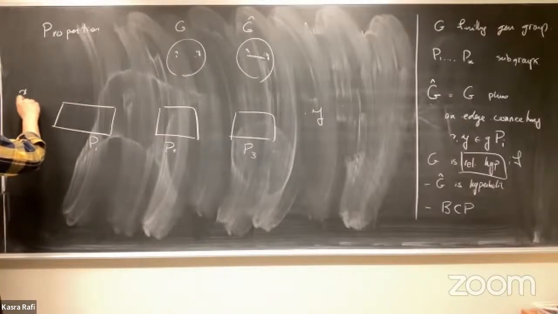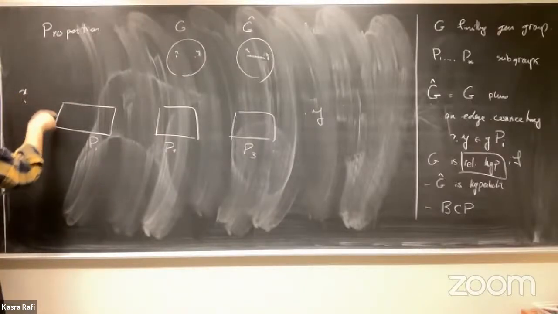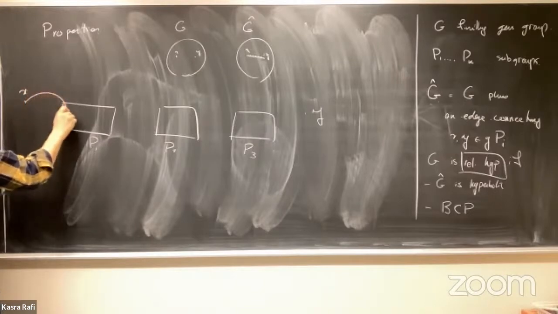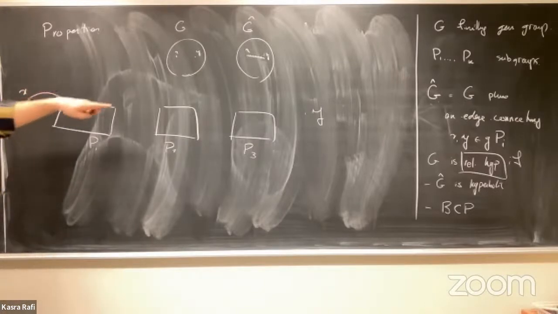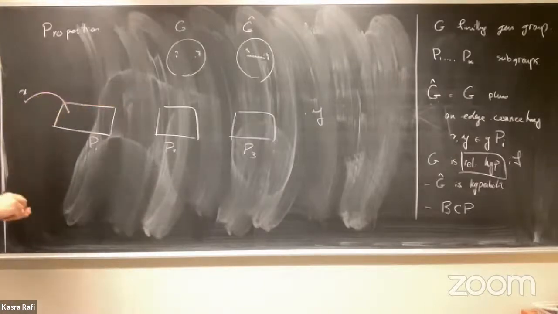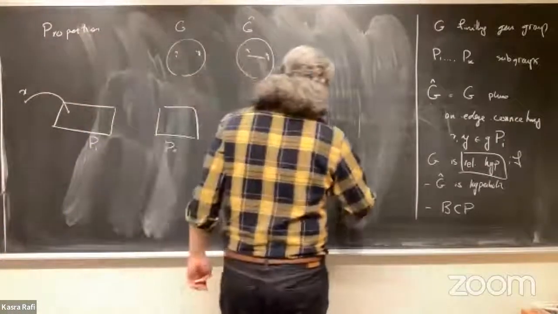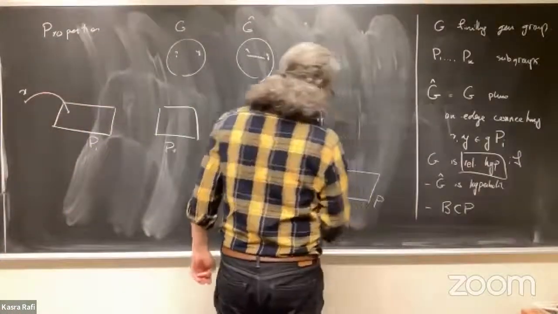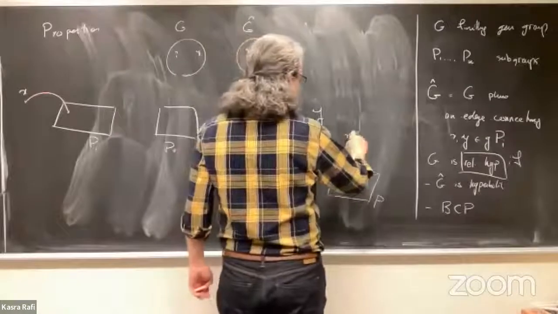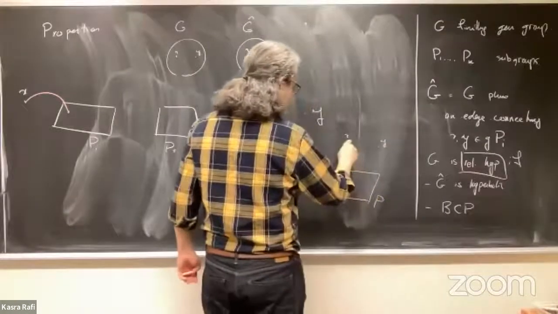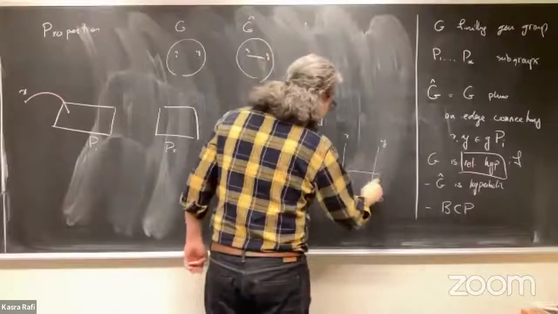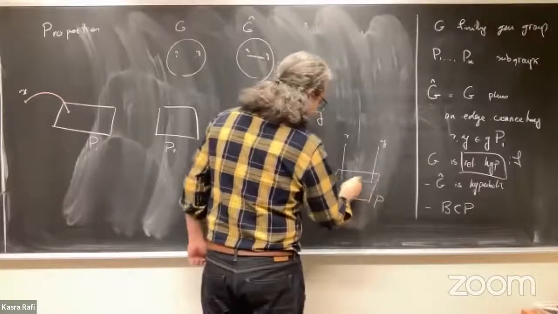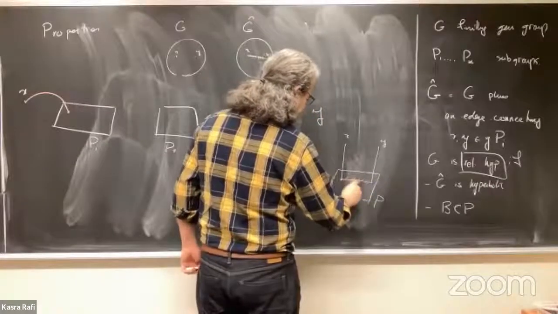So just imagine that from the point of view of the P_1, the projections of X and Y are very different. So pick a peripheral subgroup P and pick X and Y, and imagine that the projections of X and Y into P are far away from each other. So this is long.